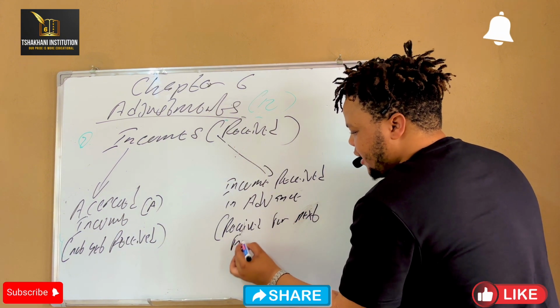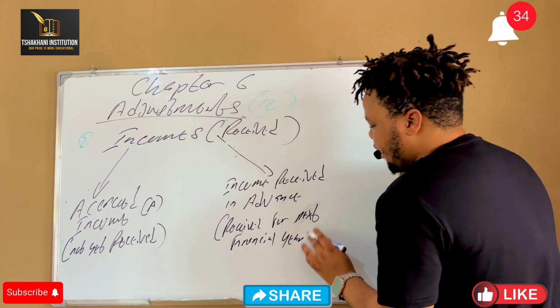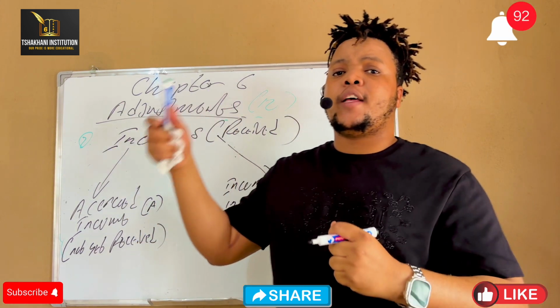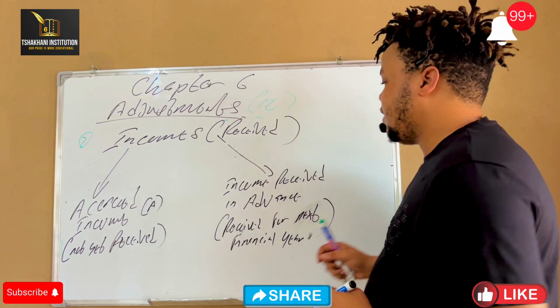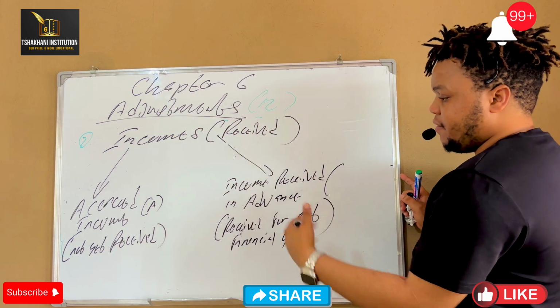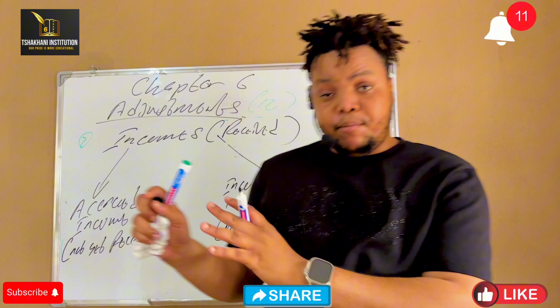Next financial year. In other words, instead of receiving for 12 months, we receive for more than 12 months. So they must be regarded as what? Income received in advance. And for this income received in advance, we are owing the person who has given us this income, which means that it's a liability.